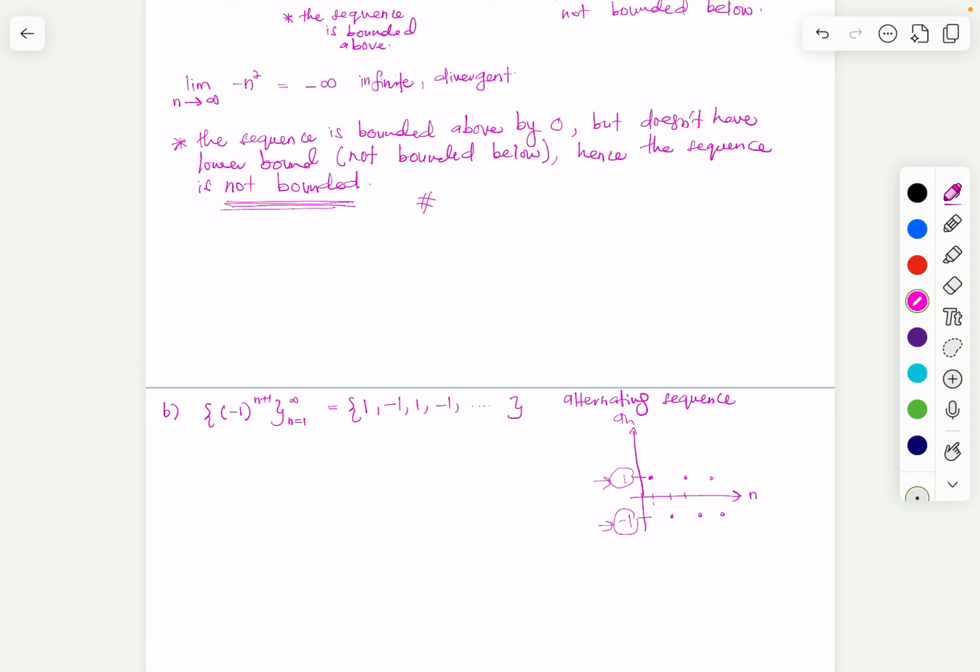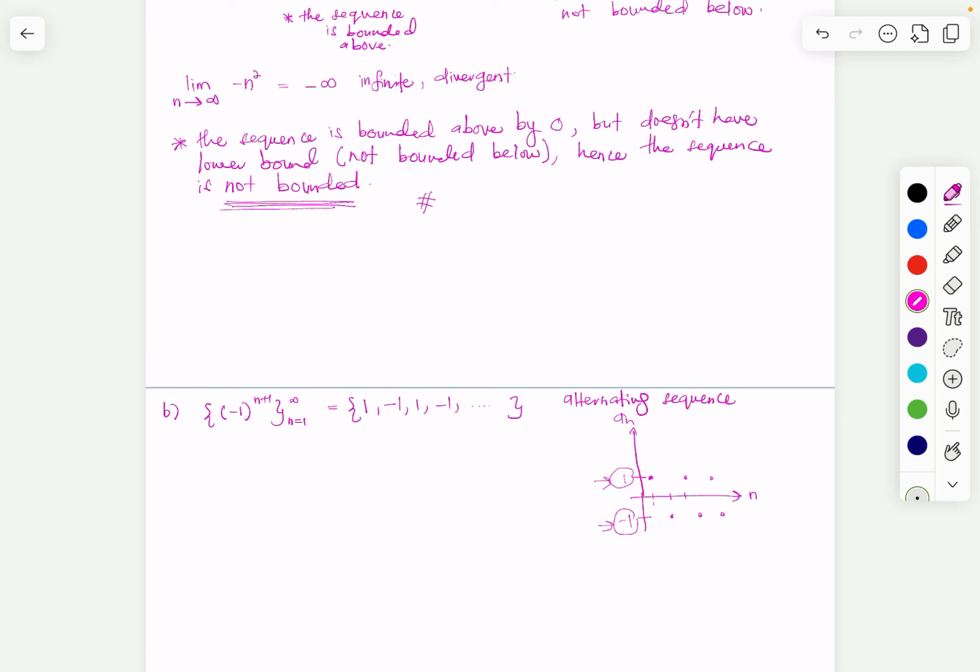Also from this illustration, you can recognize that this sequence is actually not monotonic. Why? It goes from positive to negative, which is decreasing, and then from negative to positive, increasing, and then decreasing, increasing, and so on. So it is both increasing and decreasing. Therefore it is not monotonic.